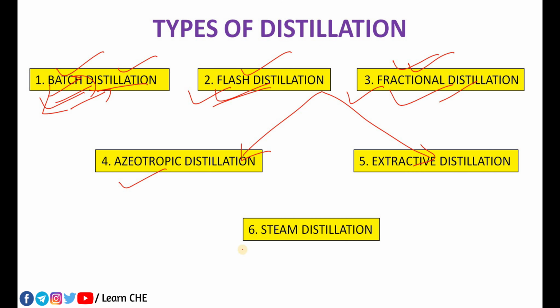And here the last one is steam distillation. Why do we use steam distillation? Here we use steam, or we can say live steam. It is a process in which steam is in direct contact with the distilling system. Are you getting my point?